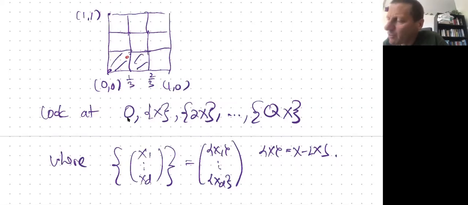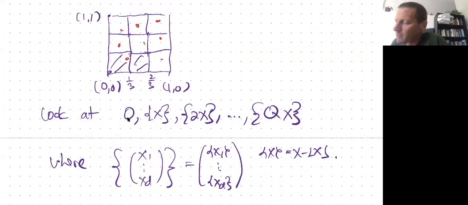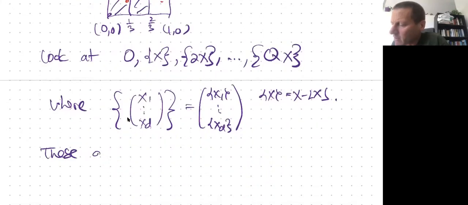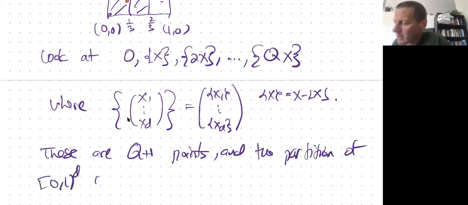So these are points inside this cube. And there are t plus 1 of them, right? Because, sorry, there are Q plus 1 of them. 0 to Q, you have Q plus 1 of them, and there are Q, which is t to the d, cells in the subdivision. So these are Q plus 1 points, and the partition of [0,1] to the d contains Q cells.